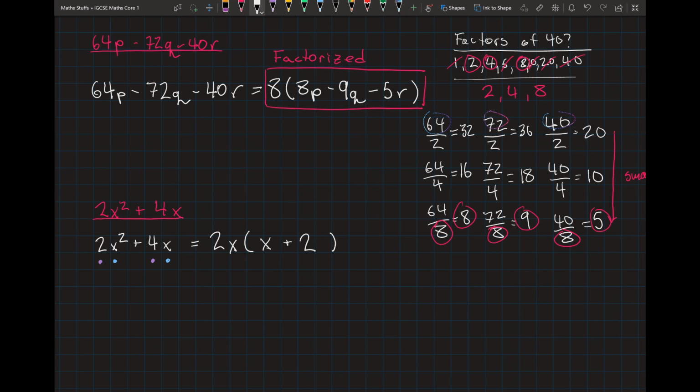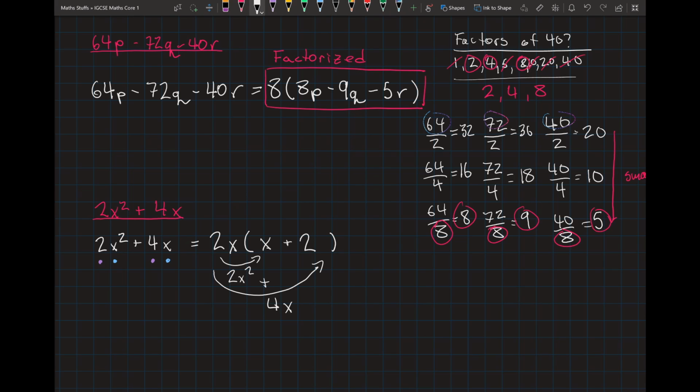This is where you use the stuff that we learned in the last lesson about expanding. So if we do 2x times x, that's going to give us 2x squared. And then if we do 2x times 2, that's going to give us 4x.